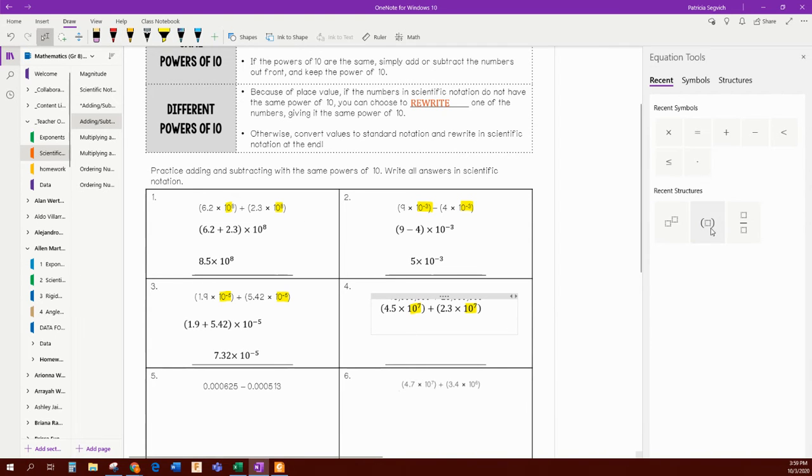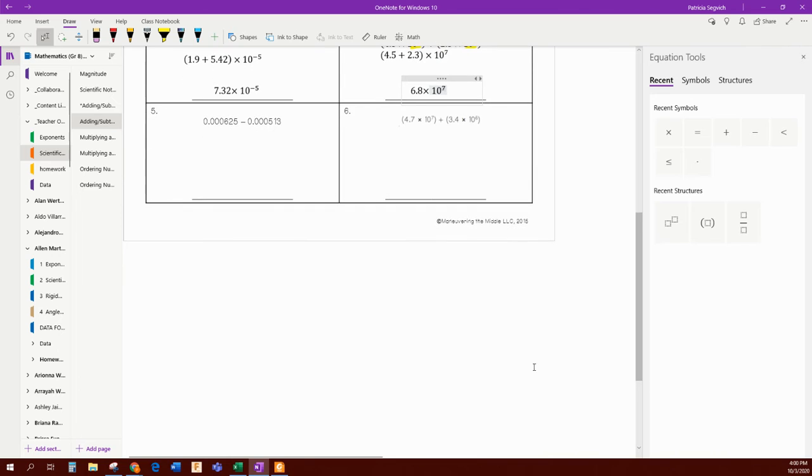All right, so we're going to have 4 5/10 plus 2 3/10, and that is going to be all multiplied by 10 to the 7th. And this is going to be 6 8/10 times 10 to the 7th.